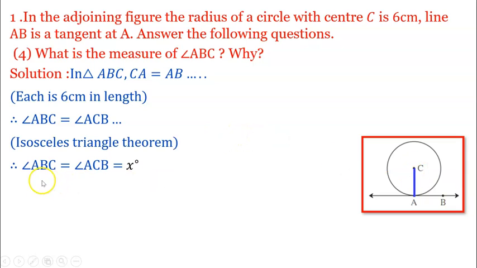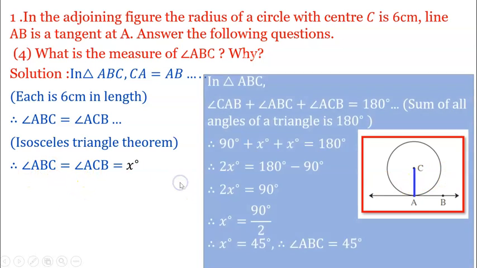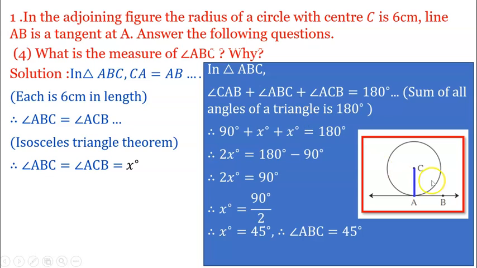Next, measure of angle ABC is equal to measure of angle ACB is equal to x degrees. Now in triangle ABC, measure of angle CAB plus measure of angle ABC plus measure of angle ACB is equal to 180. Sum of all angles of a triangle is 180.